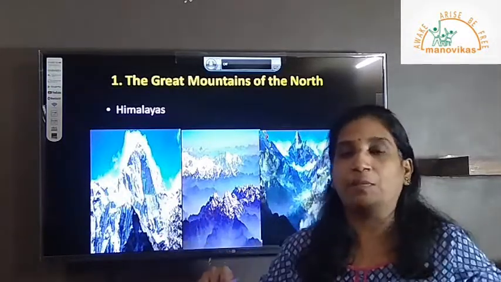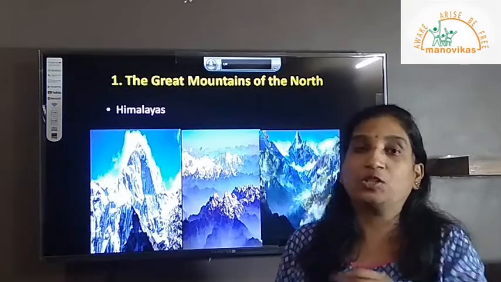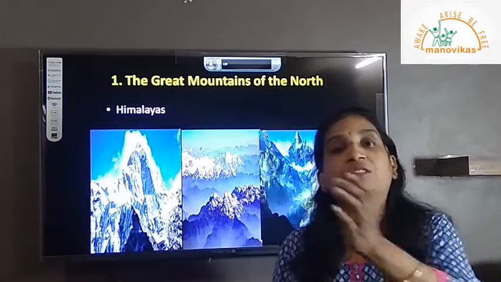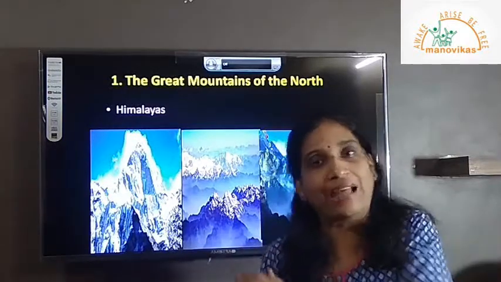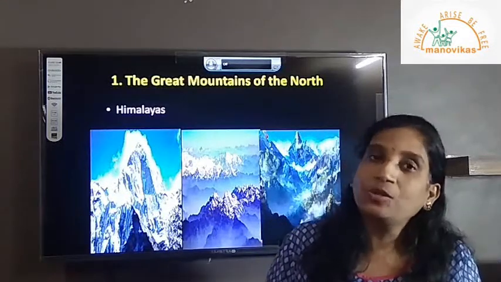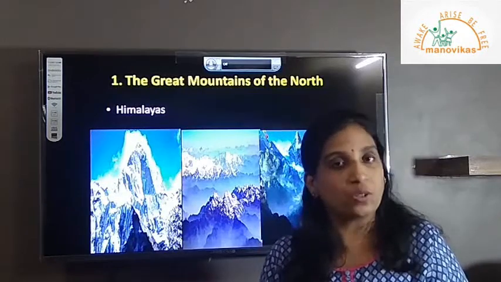towards the eastern side from northwest to northeast as huge mountain ranges. So it's not one mountain, two mountains or three mountains. It's parallel ranges of mountain peaks together in series. This is called a huge mountain range. And students, these are the youngest mountains of the world also.